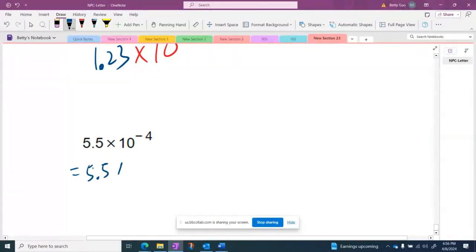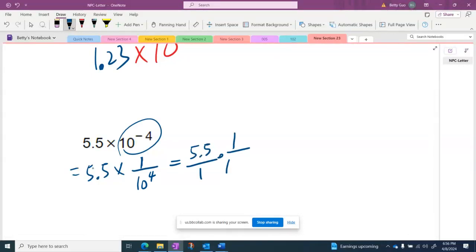By using the negative exponent formula, we are able to rewrite this exponential expression as 1 over the reciprocal. Remember the reciprocal? The reciprocal of 10 to the power 4. And that actually gives us 5.5 over 1 times 1 over 10 to the power 4. And that actually is 5.5 divided by 10 to the power 4.